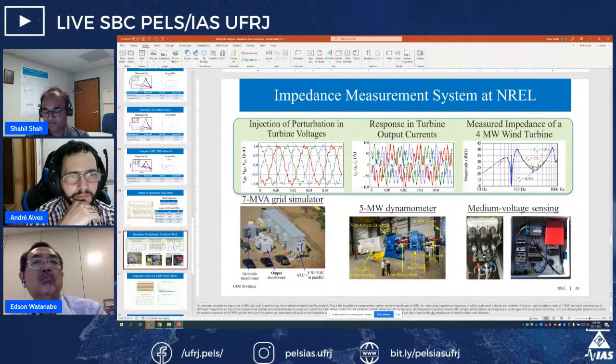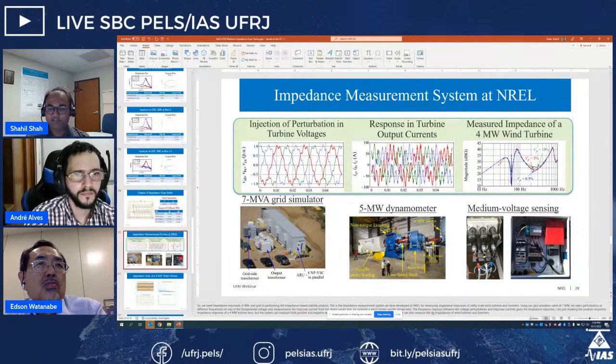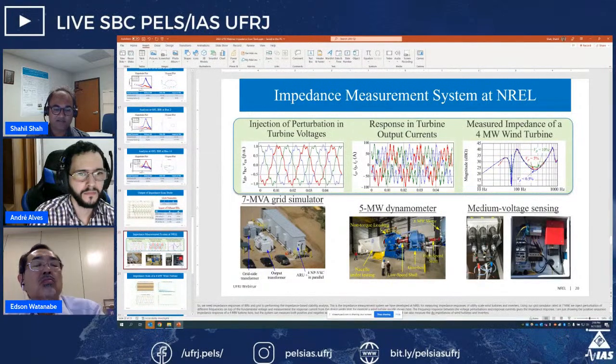So that is one answer: what control can do is limited by the bandwidth. The second is what you should do in the controls. For example, the current control of most of these inverters is a few hundred hertz. If your oscillation frequency is in that range, then you will tune current control. If it's a PLL, then for the PLL also you can use control tuning in that frequency range.